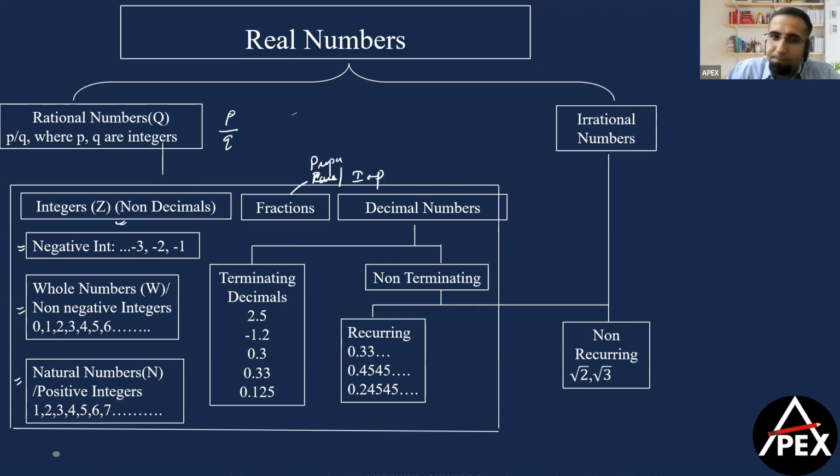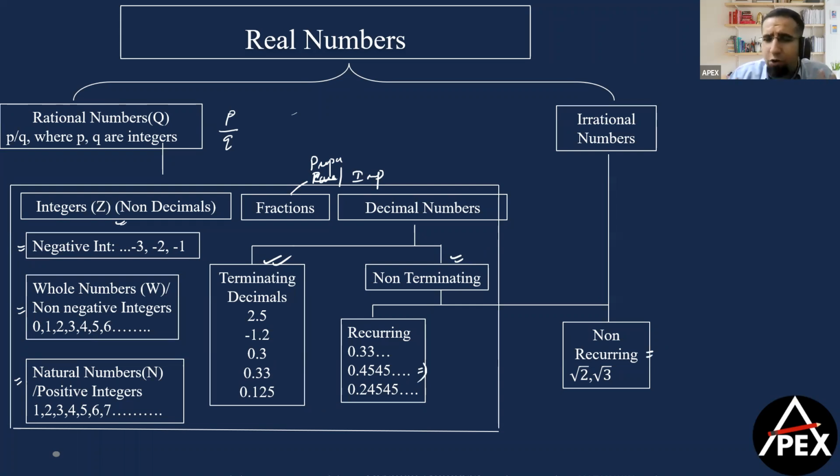And they are also in the form of P by Q. Now, under decimal values, we have terminating decimals. Even they can be written in the form of P by Q. And under non-terminating decimals, non-terminating and repeating can be written in the form of P by Q. And non-terminating and non-repeating cannot be written in the form of P by Q. So that is the only form of number that cannot be written in the form of P by Q, which comes under the concept of irrational numbers.